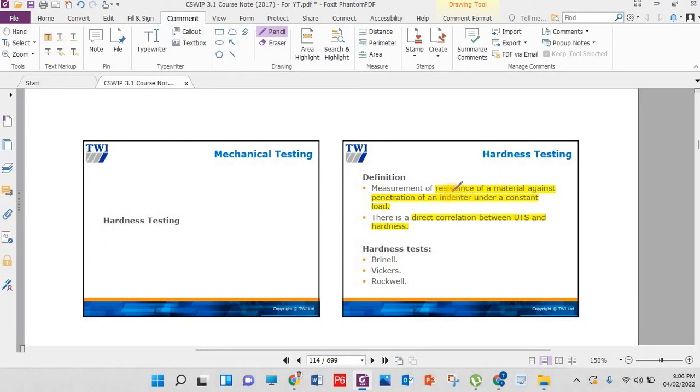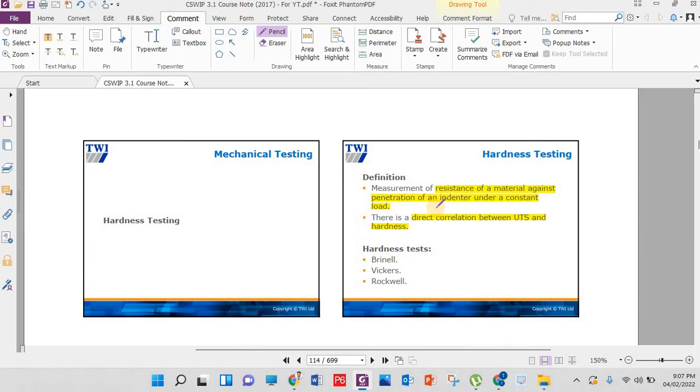Hardness test: you can see it is the measurement of resistance of a material against penetration of an indenter under a constant load. Like if I have a small steel ball and I throw it from the top, or apply force on a material, then if the material resists the force of that ball, it means less penetration.